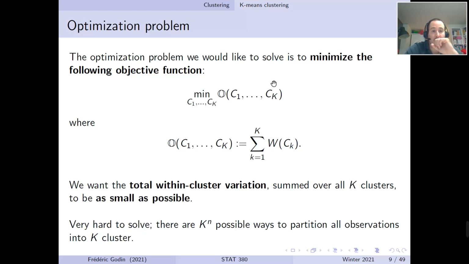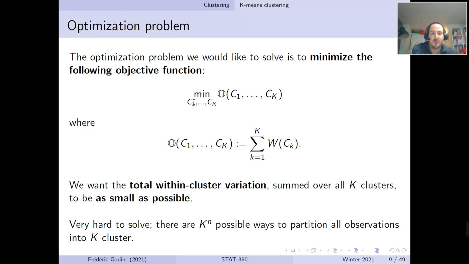So what's proposed in the textbook is to find a set of clusters C1 until CK which minimize the following objective function.